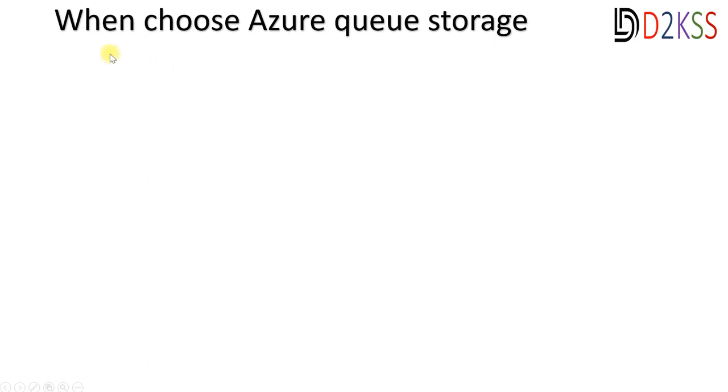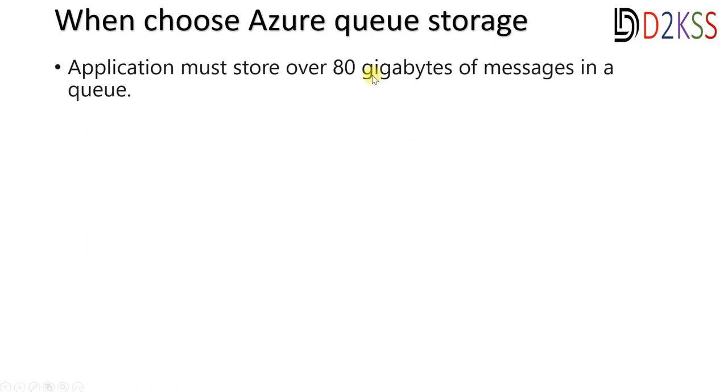Then one more question will arise: when do we have to choose Azure Queue Storage, when there are a lot of queue services, like Service Bus and Event Hub? Among those, when should we choose Azure Queue Storage? The first scenario is that the application must store over 80 gigabytes of messages in the queue.